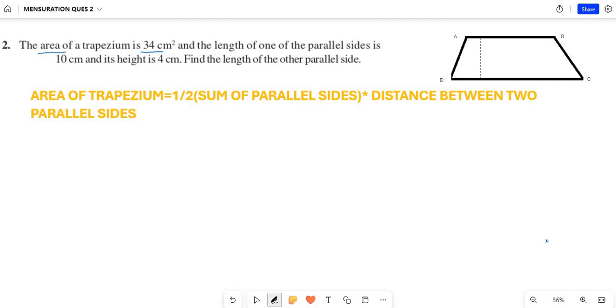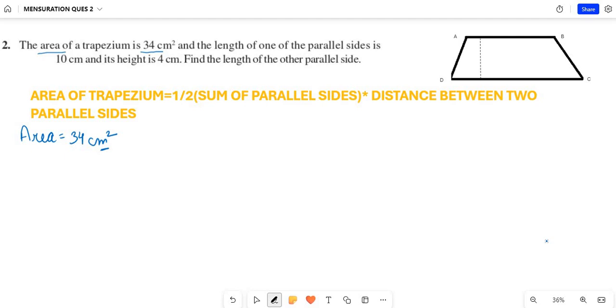So firstly we will write whatever things are given to you. So area is equal to 34 centimeters square. Do not forget to write units. Next is the length of one of the parallel sides is 10 centimeter.